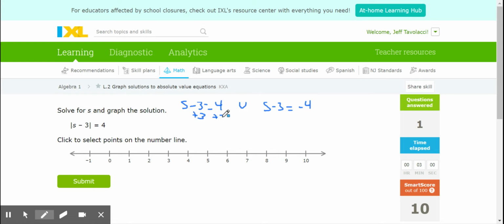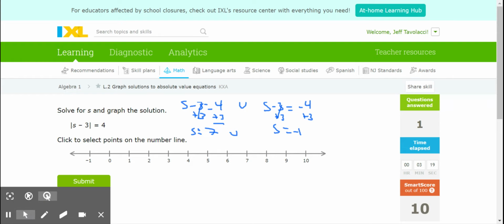So adding 3 to both sides. Adding 3 to both sides. Okay, that's going to cancel. This is going to become 7, or that is going to become negative 1. Okay, 7 and negative 1. Okay, negative 1, positive 7.